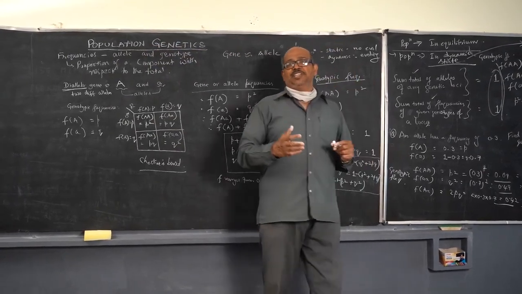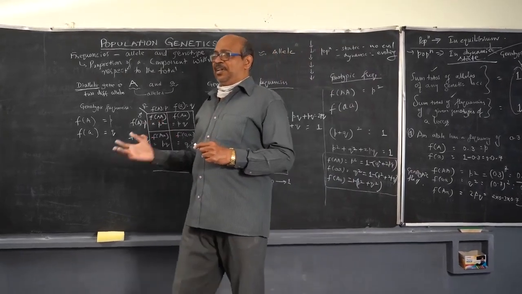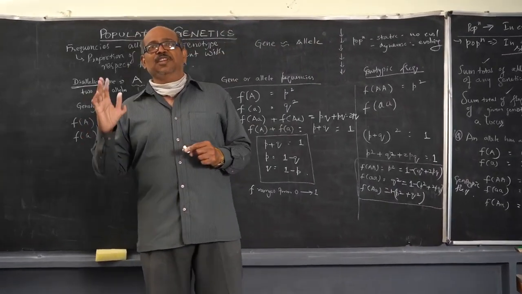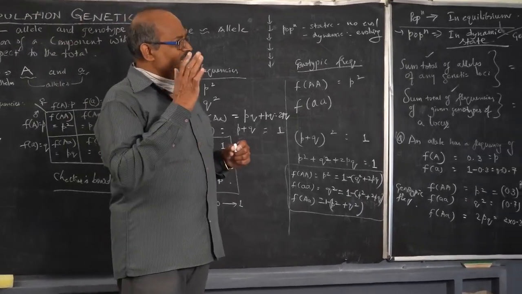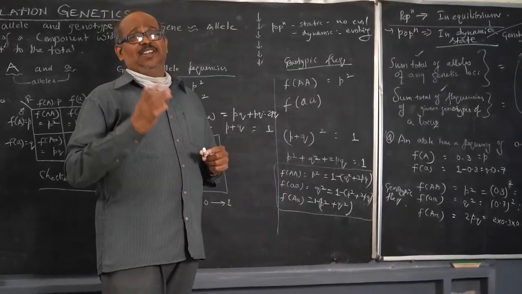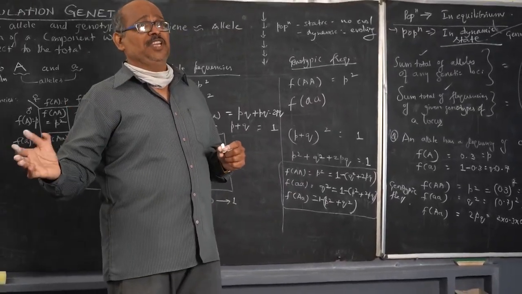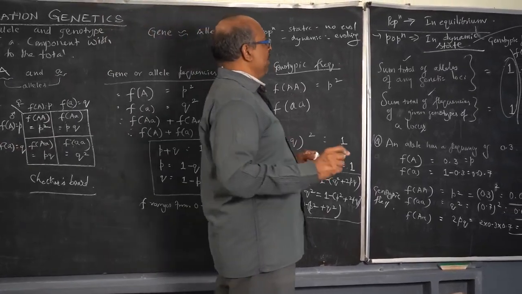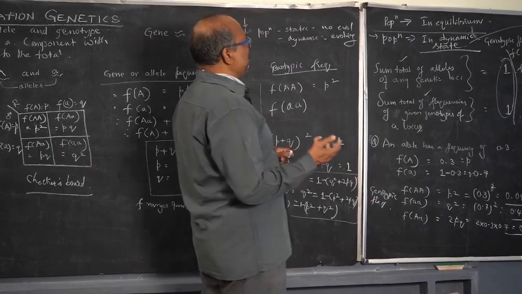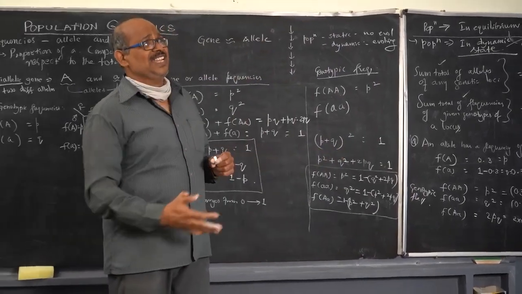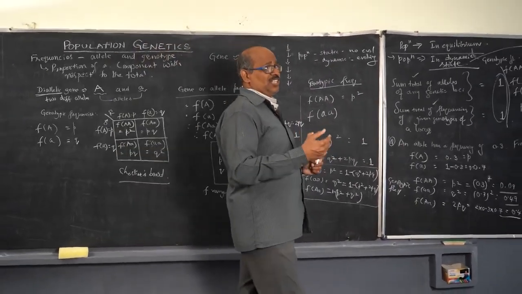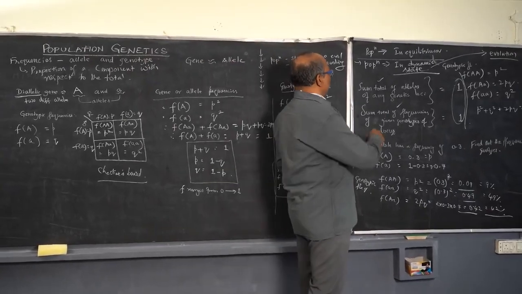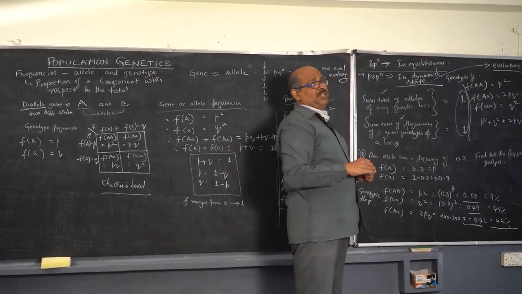It is not subjected to evolutionary phenomena, and that means it will remain constant. As it is remaining constant, it will not be able to survive for a long period because there are no new adaptations. If the population has frequencies that are changing from one generation to another generation, it indicates the population is in a dynamic state.